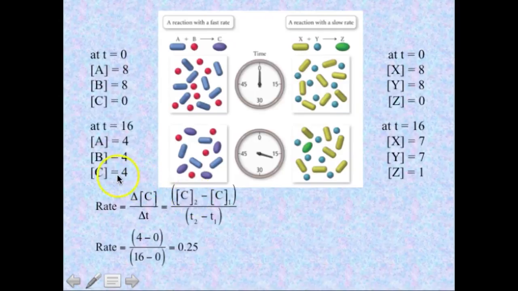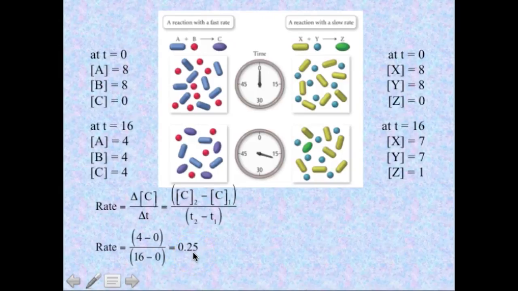So with this reaction, we're writing the rate law based on the formation of compound C, and after 16 seconds, we have a concentration of 4 for compound C, and at the initial point, of course, we didn't have any C, so it's 4 minus 0, final minus initial, and then divided by the time, the delta T is going to be 16 minus 0. We divide it out, we get 0.25.